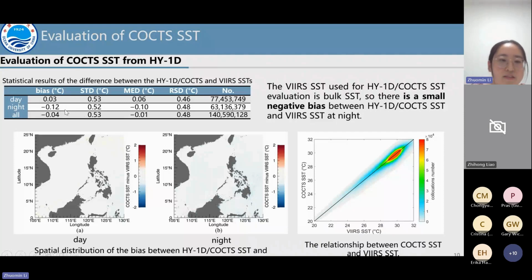And during the night, the bias is minus 0.12 degrees, and the standard deviation is 0.52 degrees. The VIIRS SST used for HY-1D COCTS evaluation is bulk SST. So there is a small negative bias between HY-1D COCTS SST and VIIRS SST at night.